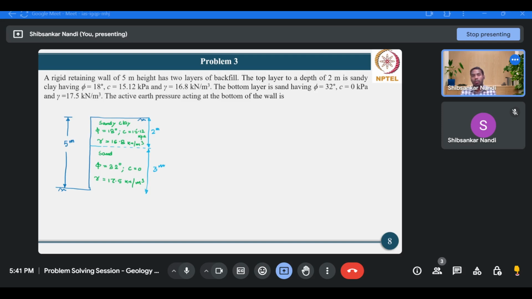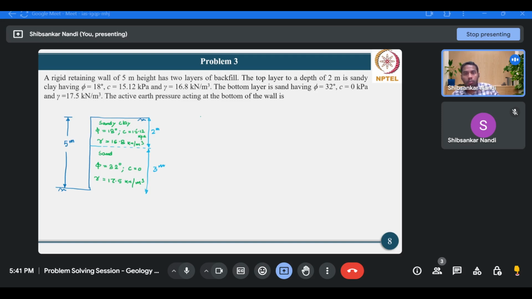Unlike the previous two problems, where we had only one earth pressure coefficient throughout the backfill, in this case one is for the top layer, sandy clay, and another is for the bottom layer, sand. We'll first calculate the values of these active earth pressure coefficients.